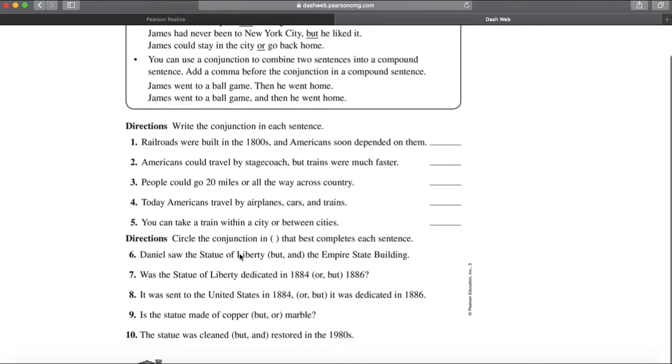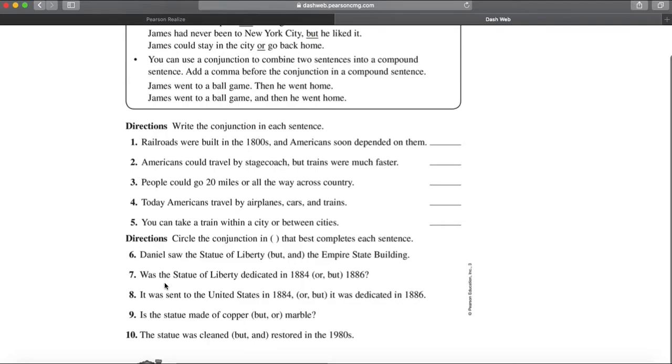Daniel saw both the statue and the Empire State Building. So here, am I showing something different or am I adding information? Excellent. I'm adding information. That's why I'm going to use the conjunction and.